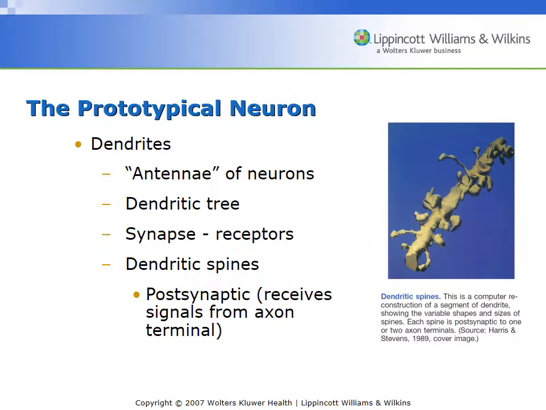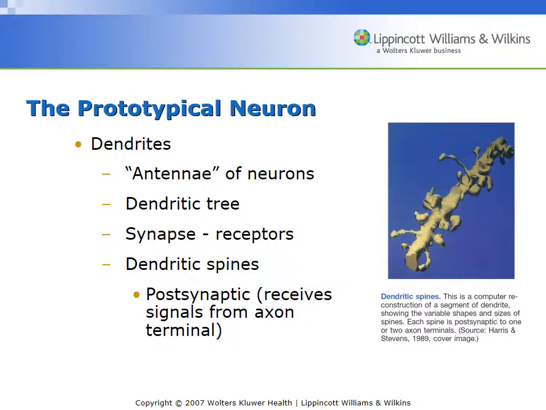Next feature of a neuron are the dendrites. The dendrites are on a receiving end of the neuron. A single neuron has a vast number of dendrites, and the collection of these dendrites are known as dendritic tree, which is quite congruent with its name because the name dendrite is derived from the Greek word for tree.